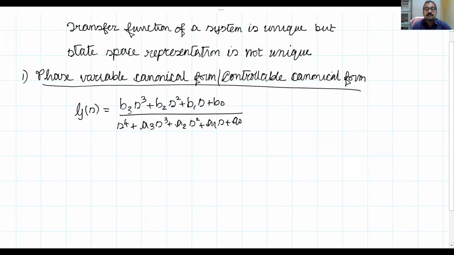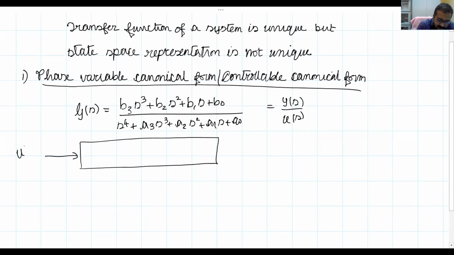This is now given in transfer function form. We want to find what the system will be when expressed in phase variable canonical form or controllable canonical form. Let this be the output and this be the input. This transfer function is the ratio of the Laplace transform of output to the Laplace transform of input when all initial conditions are 0. So I can draw it like this.